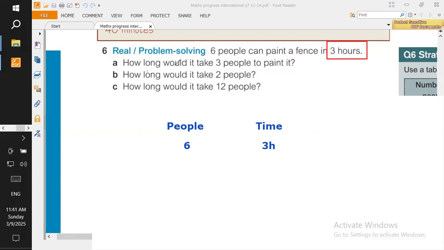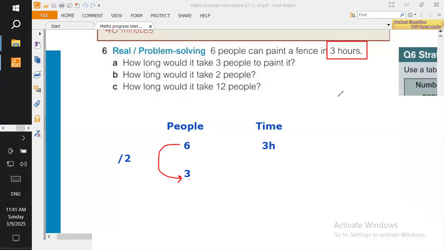Now the question is, how long would it take 3 people to paint it? So here, under the 6, I have to write 3. Now, I find out how did the 6 become 3? The 6 becomes 3 by dividing by 2, like this. And because I divided by 2 here, what should I do on the other side?